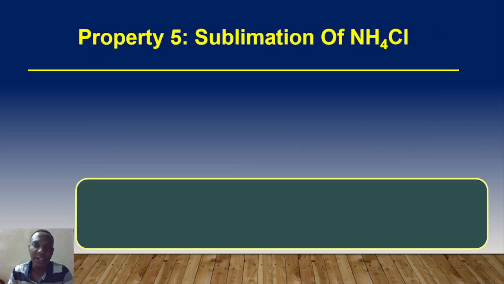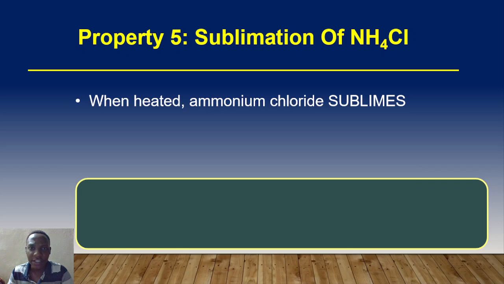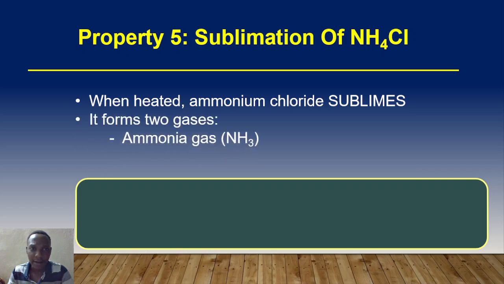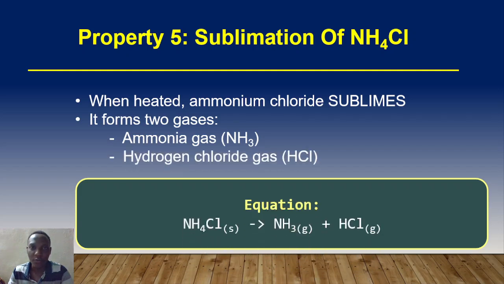Moving on, the fifth property, the sublimation of ammonium chloride. When heated, ammonium chloride sublimes, forming two gases. The first is ammonia gas, and the second is hydrogen chloride gas. So that's the property of ammonium chloride.